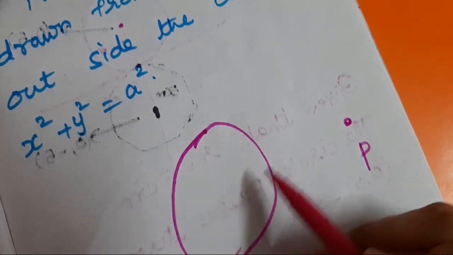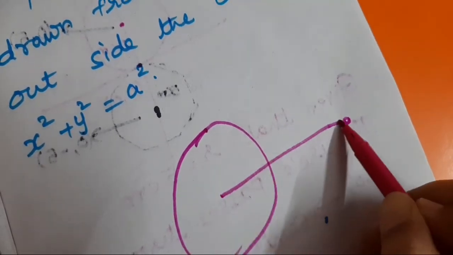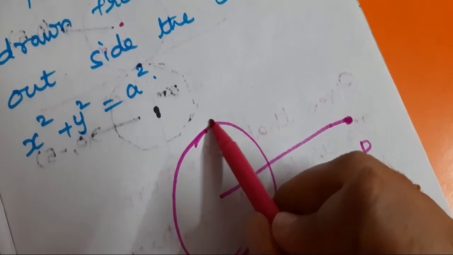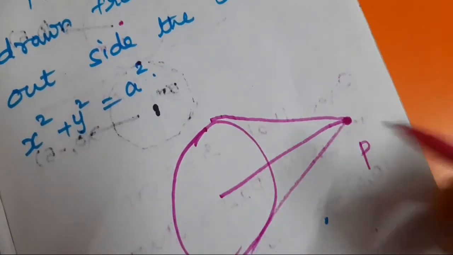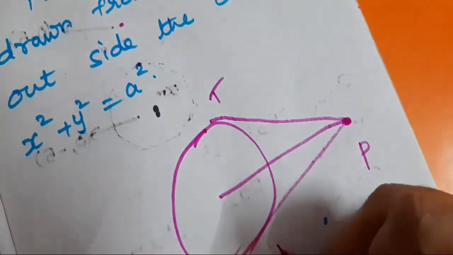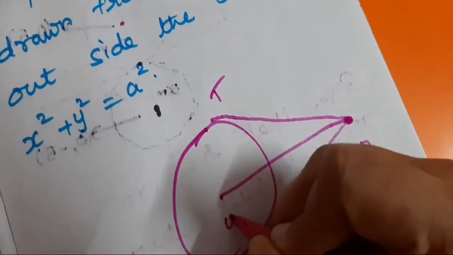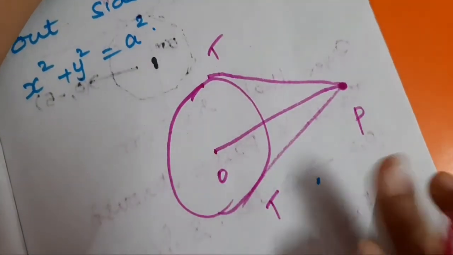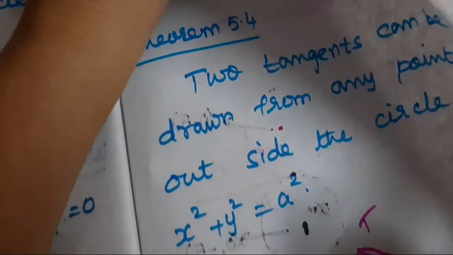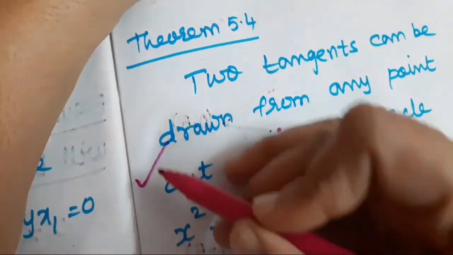In practical geometry, you have studied that from this point P we can draw two tangents, PT and PT dash. This is O. So this you have studied in your 10th standard practical geometry. So actually this property says this only.